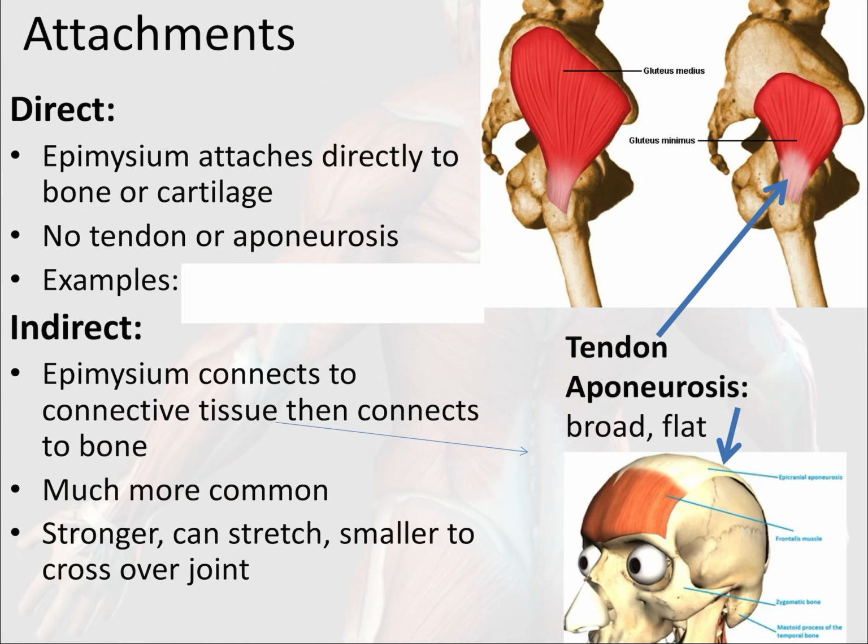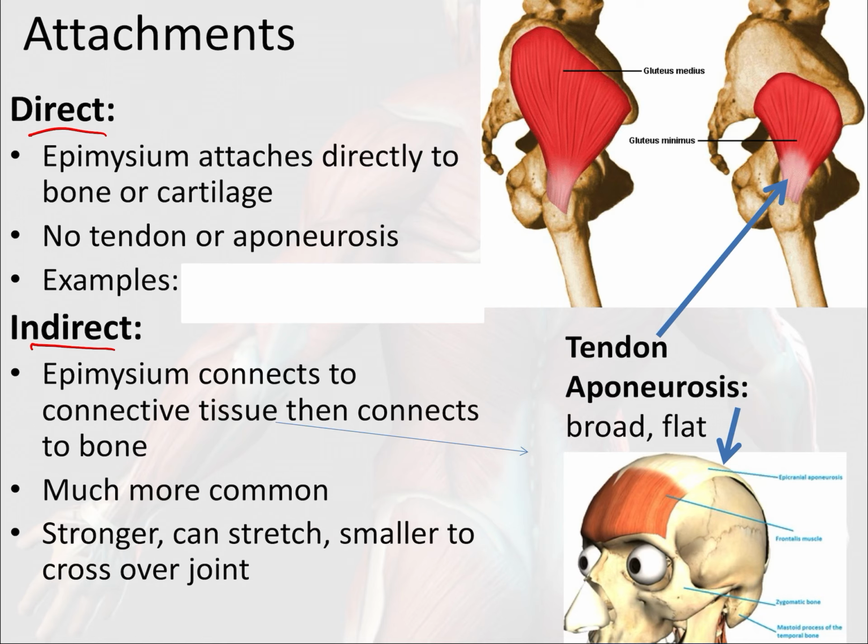So, different types of ways that muscles can attach to bone. A couple options here: we have what's called a direct attachment versus an indirect attachment. Direct attachment is less common.